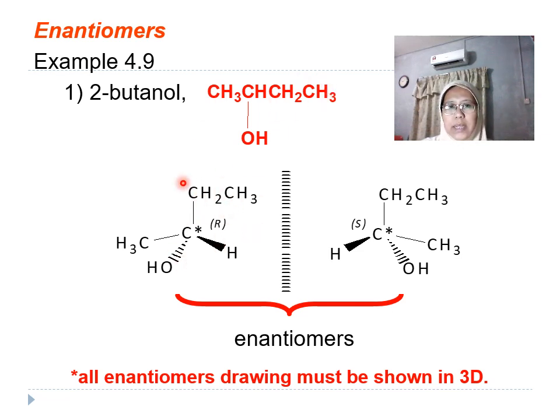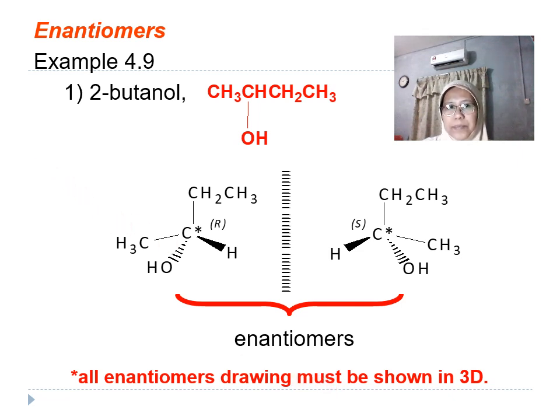So we can see here that all four groups attached to the carbon are not the same. Then we draw a mirror and get the mirror image over here, whereby now the hydrogen is on the left and the methyl is on the right. So for enantiomers, you must draw them three-dimensionally.